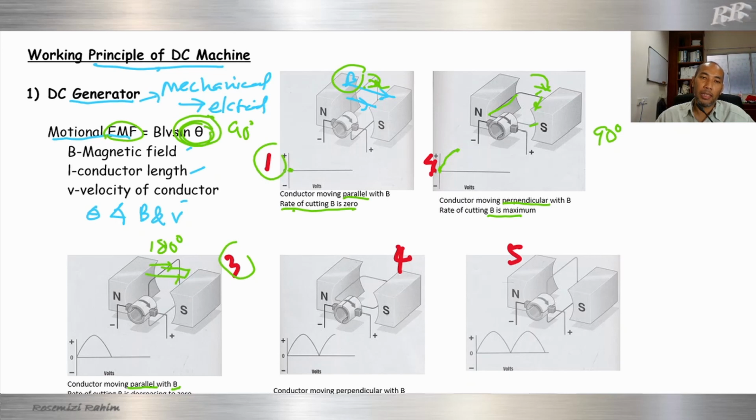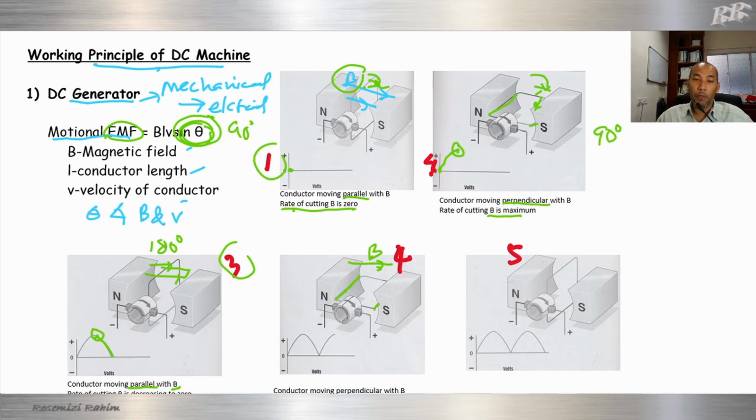So parallel means it will decrease to 0, from maximum, from the peak, decrease to 0. Then it continues to rotate. From 0, it will increase to maximum at 90 degrees. This conductor becomes perpendicular with B, so perpendicular with B, it reaches maximum again.